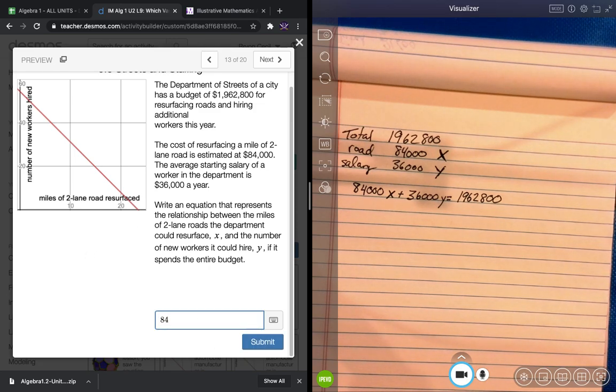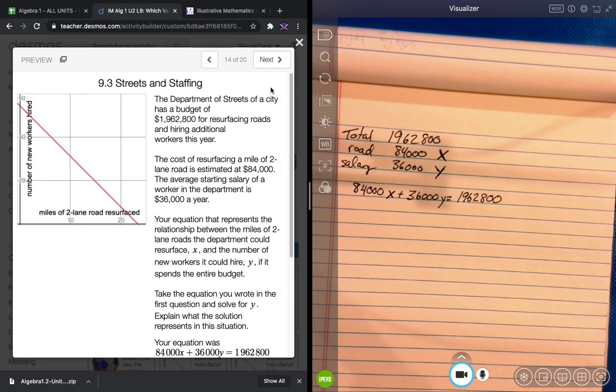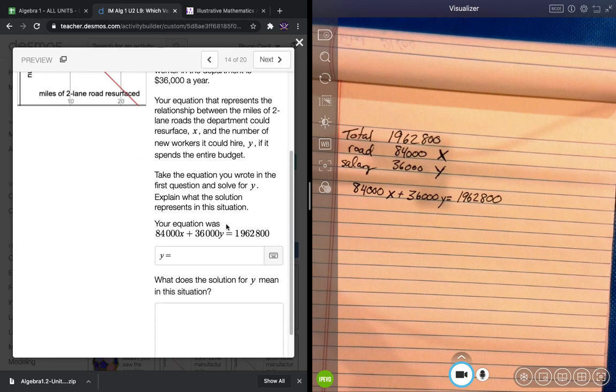So again, it's that 84,000x plus the 36,000y for a worker, and that's going to equal, guys, the 1,962,800. Okay, that is what it's going to equal. Okay, guys, here is our equation.